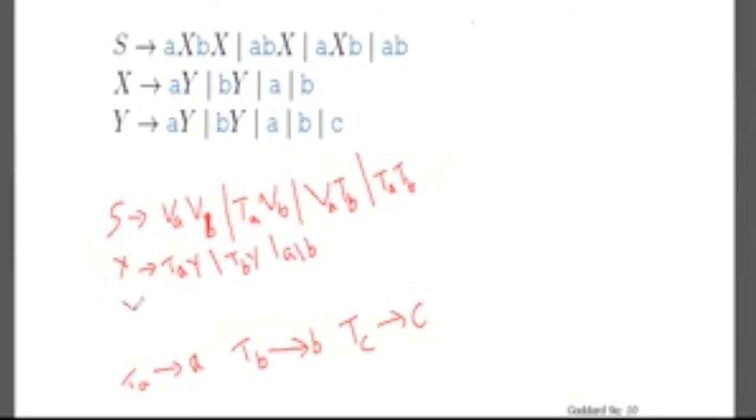and for Y we will take TAY bar TBY bar A bar B bar C. Now two more definitions are left out, VA, VB. So what is VA?